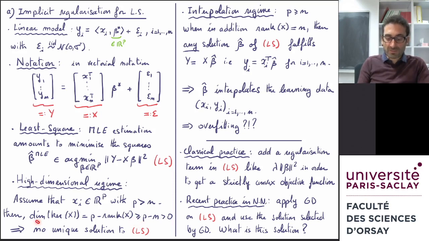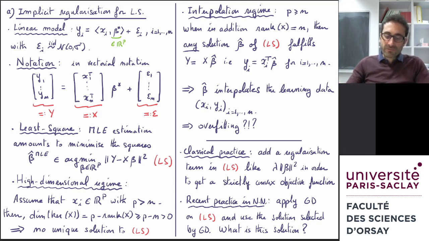So the dimension of the kernel of X is strictly positive, which means that there is an infinite number of solutions to this problem, because you can add anything in the kernel to one of the solutions.